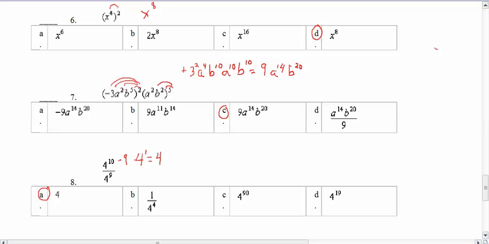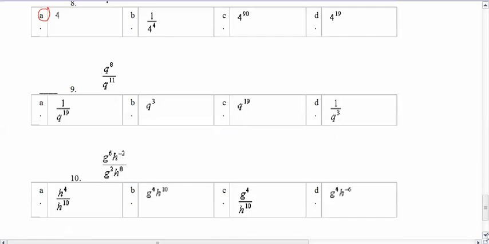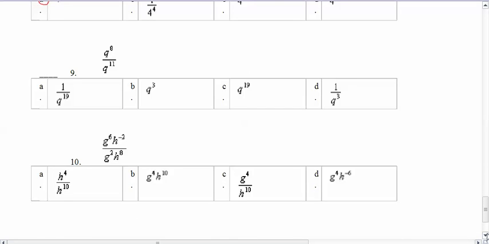Okay, the next one, number 9, we've got 2 more to go. They look like they're both Q's, and so this is division. So I'm going to keep my base. It's not 1, it's a Q, and I've got 8 minus 11, so keep, change, it's negative 3 because you subtract first and keep the sign.